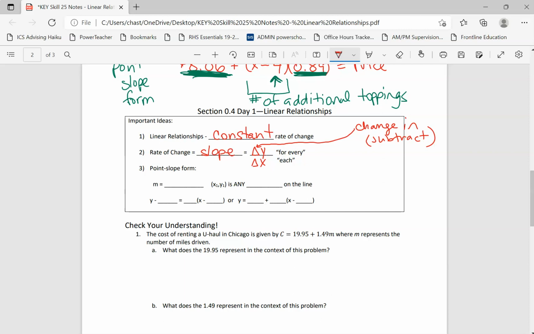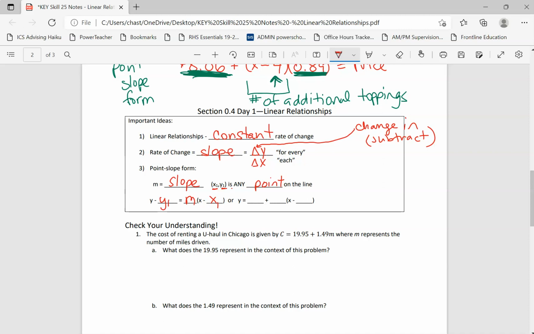All right, so point slope form, your slope is, of course, the m. And x1, y1 is any point on the line. Okay, so your point slope form takes on two forms. So it could be y minus y1, which is the y coordinate of that point, equals your slope times x minus x1, where x1 is the x coordinate of that point.